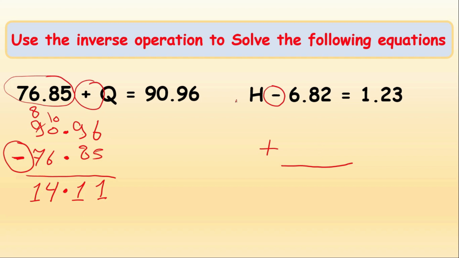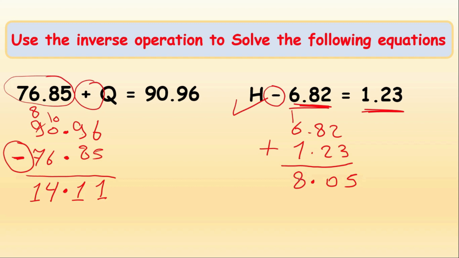The first number in a subtraction is the greatest, so the smaller numbers are 6.82 and 1.23. Add, it's very easy. 2 plus 3 equals 5. 8 plus 2 equals 10. Drop 0 and carry up 1. Don't forget to put the decimal point. 1 plus 6, 7, plus 1 equals 8. So the value of the variable h equals 8.05.